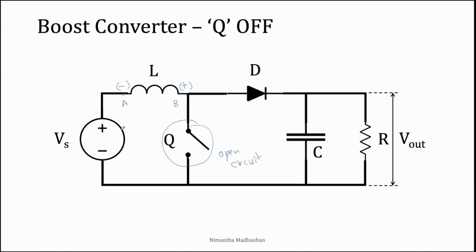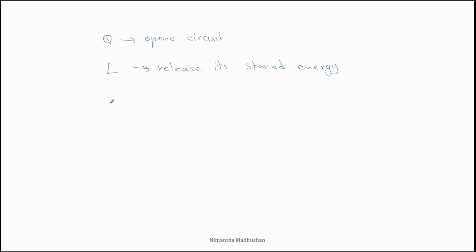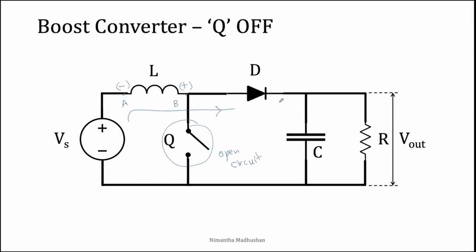If we consider this arrangement, the inductor acts as a source, and our voltage source acts as another source. Then from those two sources, the current will go through the diode, and the diode is forward biased, and the current will go through to our load, this resistor.